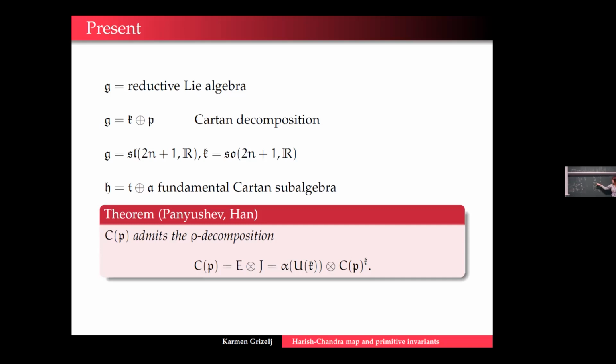Well, if you make a commutator of two elements in P, you end up in K, so it's not a Lie algebra. And the Cartan subalgebra is unique if we require something like that. So that's how we choose our Cartan subalgebra.